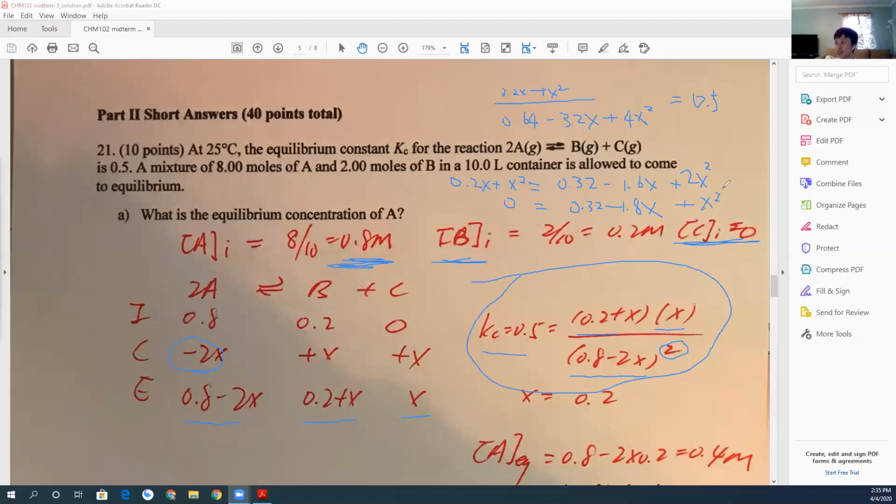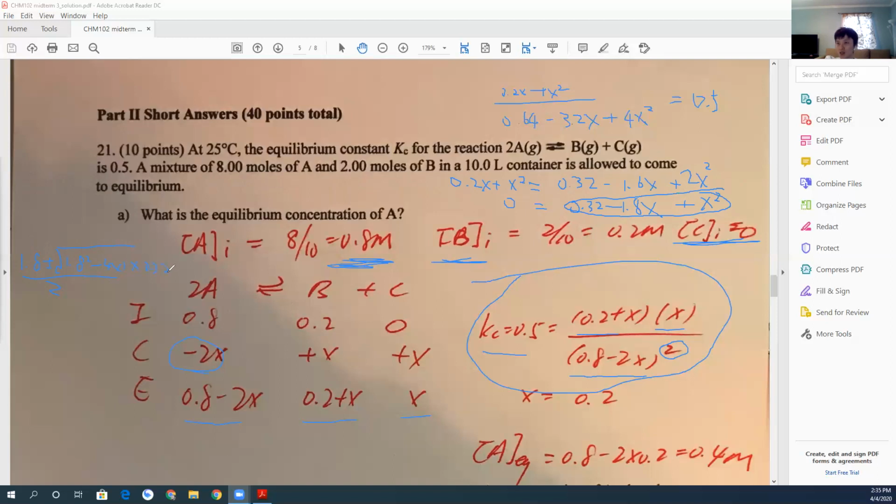So you're solving this equation, using the quadratic formula. Here a is equal to 1 for the x squared, so the denominator is 2a, which is 2. And you have minus b, so minus negative 1.8 is positive 1.8, plus or minus the square root of 1.8 squared minus 4 times 1 times 0.32.